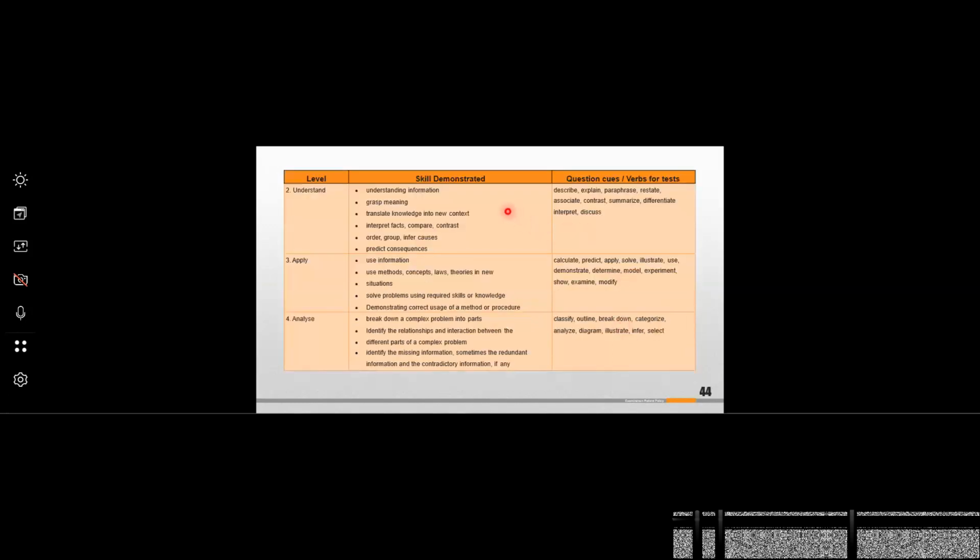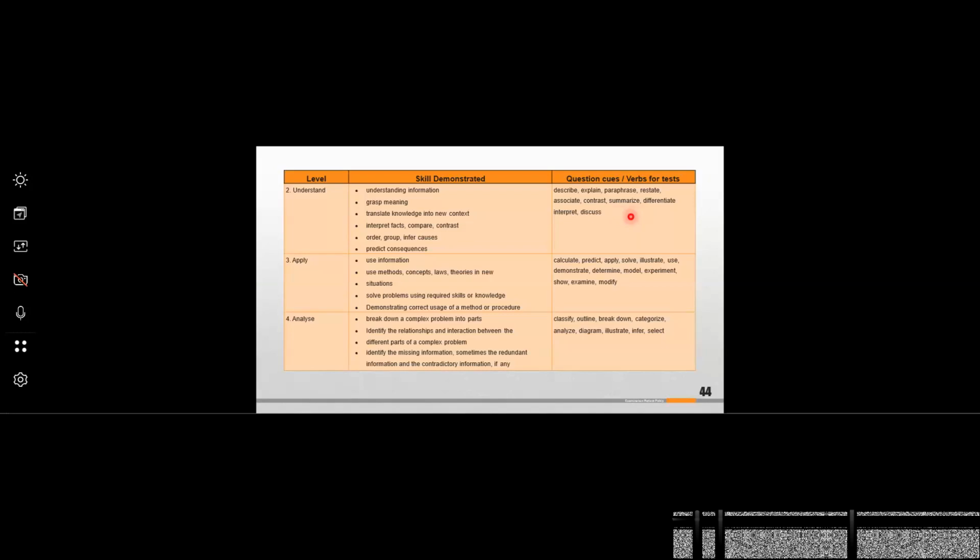See the understanding part. See the question cues here. Explain and describe can be either in level 1 or level 2. Certain verbs that we use while framing questions will have some overlap in level 1 and level 2 or even level 3. So we can say describe, explain, paraphrase, restate, associate, contrast, summarize, differentiate, interpret, discuss.